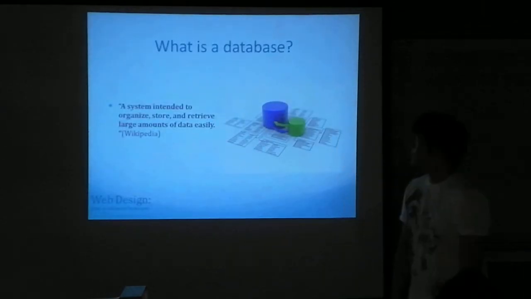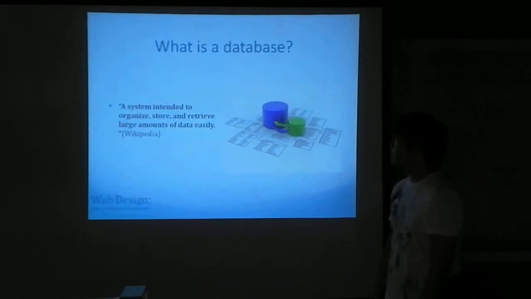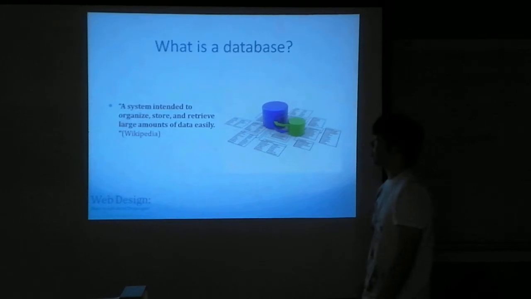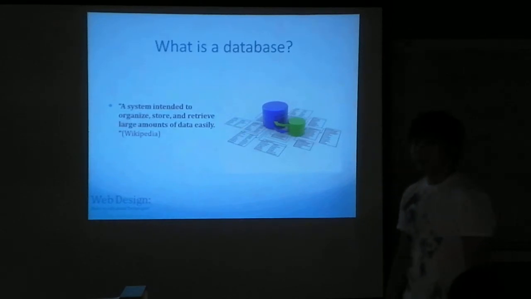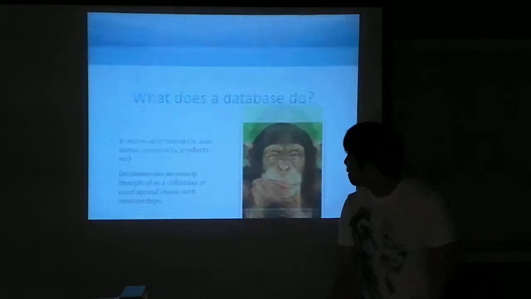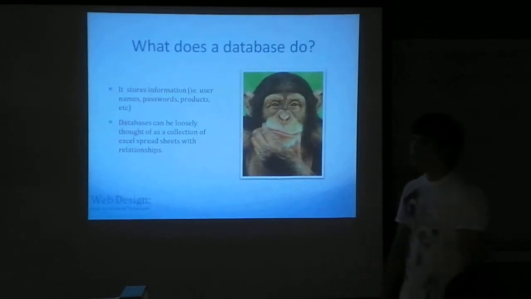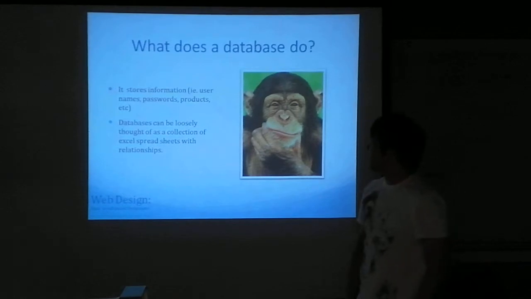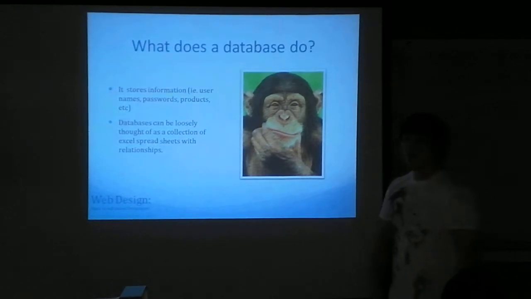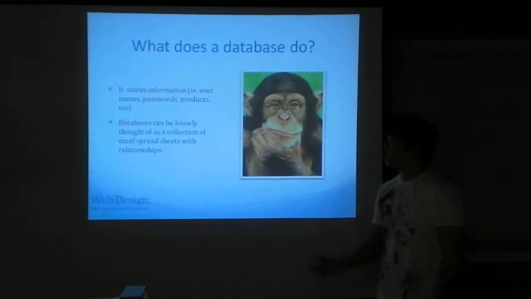So what is a database? According to Wikipedia, a database is a system intended to organize, store, and retrieve large amounts of data easily. So what does it do for us? A database does a lot of things. For example, it allows us to store a lot of information, for example, usernames, passwords, product tables.